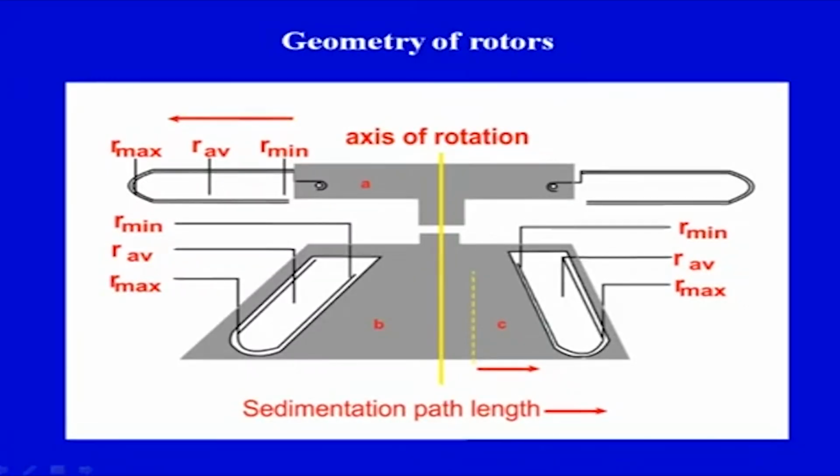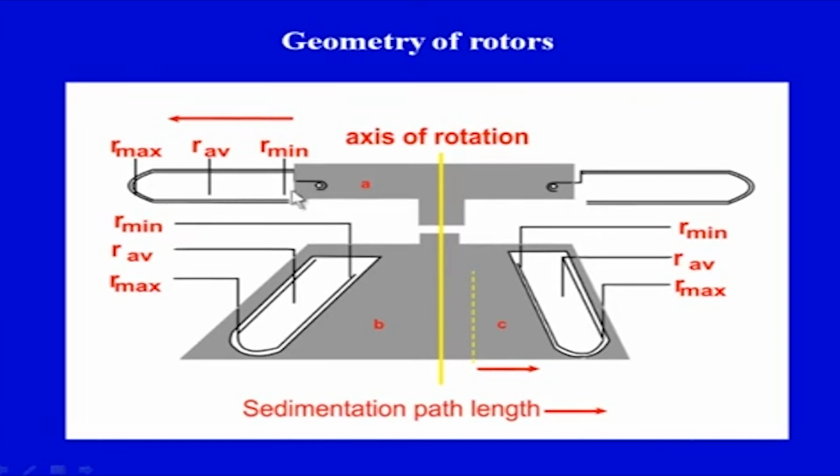The general geometry of rotors could be like what you see on screen. For swinging bucket rotors, as the centrifuge is switched on, due to the centrifugal force these buckets or containers will extend outwards. If you observe here, this is the axis of rotation, and the distances from the axis of rotation are given as r minimum, r average and r maximum.